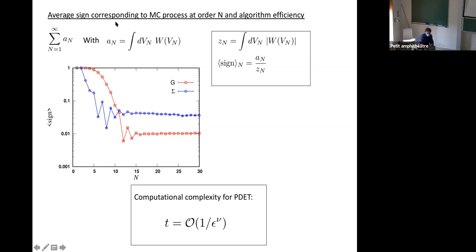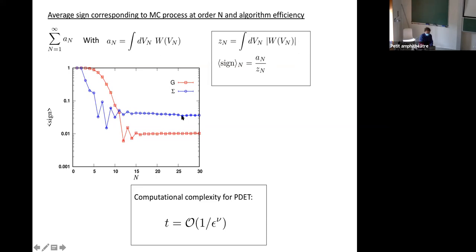However, what we noticed is that if we look at the average sign, which is just defined as the value of An, so just doing the integration over internal variables of the functions D or here W. And if we now define Zn as the same thing, but taking the absolute value of W, then we can get the average sign.